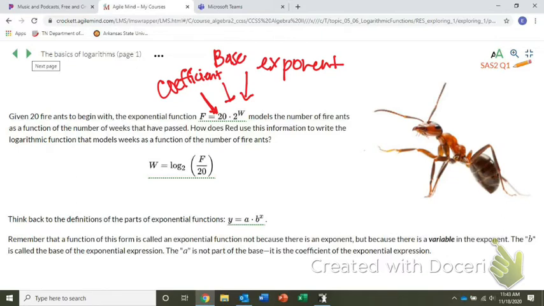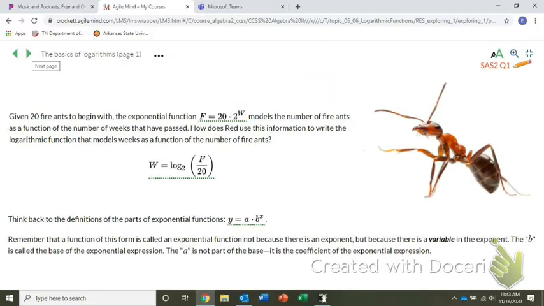All right. So now, what I want to do is take this equation, the one we've already looked at, and solve it for W. Okay?